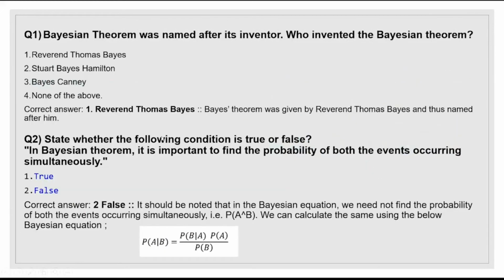Question 2. State whether the following condition is true or false. In Bayesian theorem, it is important to find the probability of both events occurring simultaneously. True or false?